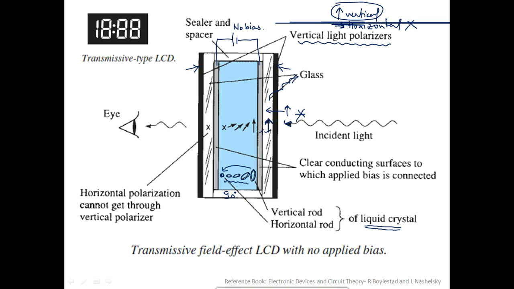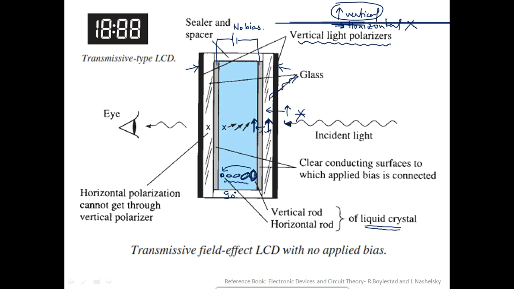These layers are just transparent, so the same light enters. So this is the vertical component of the light which has reached the liquid crystal region, and since the molecule is vertical, this has no effect on the vertical component of the light.